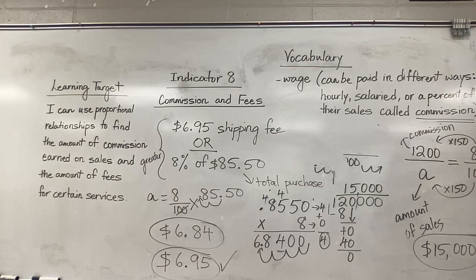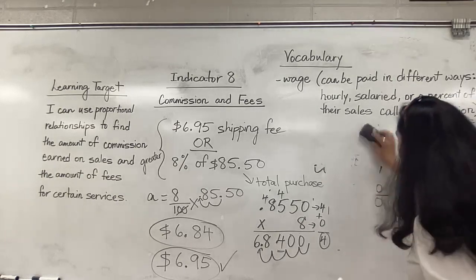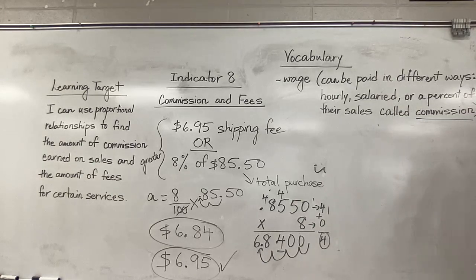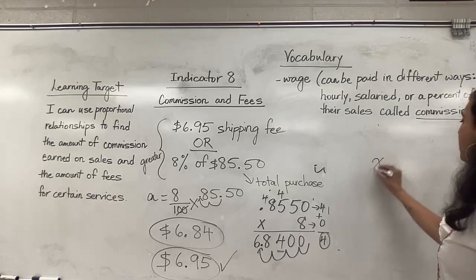We can also show this with your properties of operations. Again, it's basically the same thing. I am just writing it as an equivalent ratio, just showing you another method. So we are going to write our x, which is going to represent the missing part.